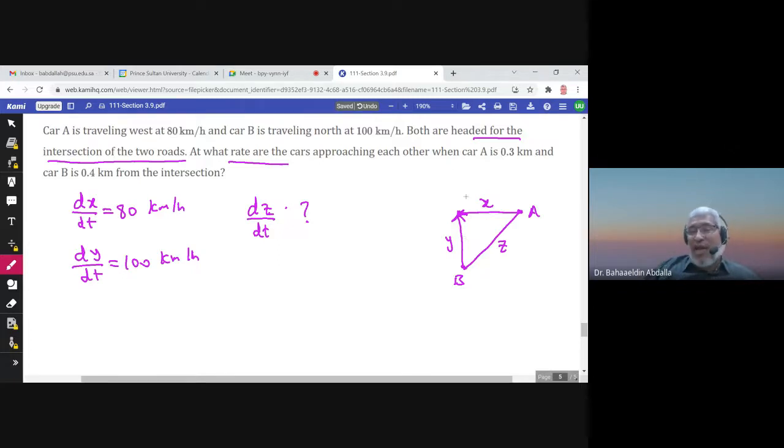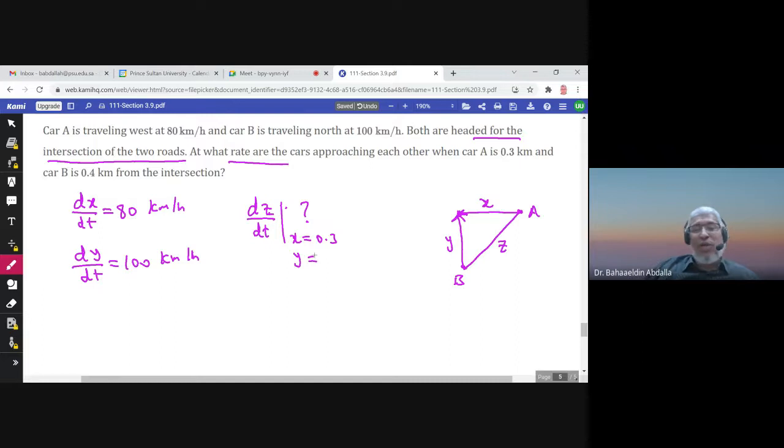When car A is 0.3 kilometer, this means what? That x is 0.3 kilometer from the intersection. So x is the distance between A and the intersection, and y is the distance between car B and the intersection.